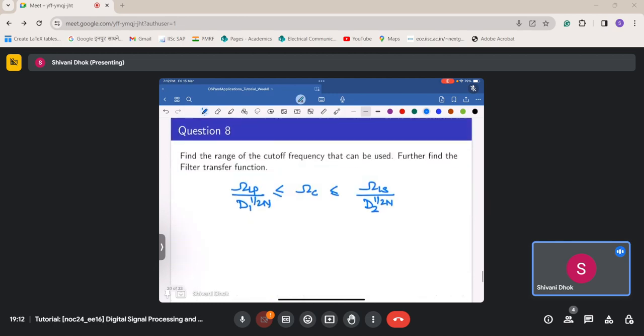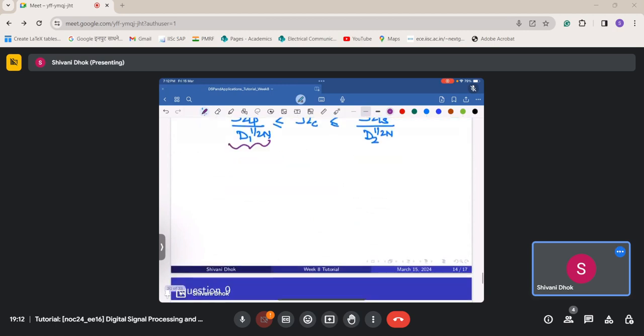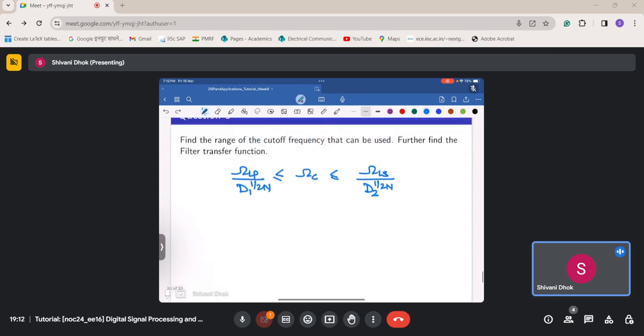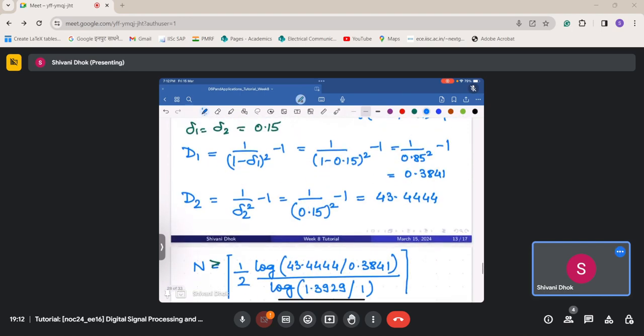So now let us take this first, or let me just write it directly. This omega lp is mapped to 1, and d1 we had found out as 0.3841.